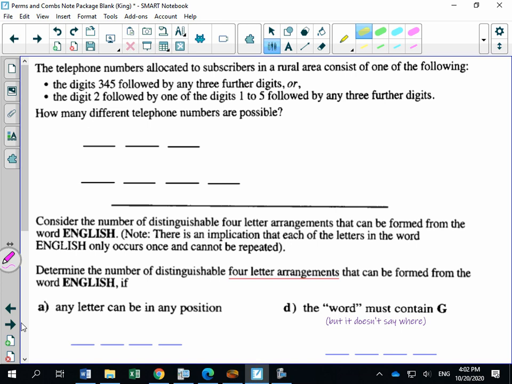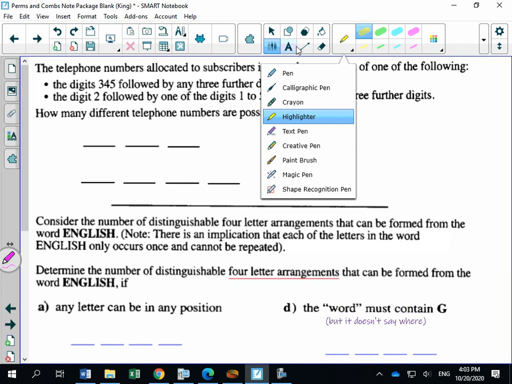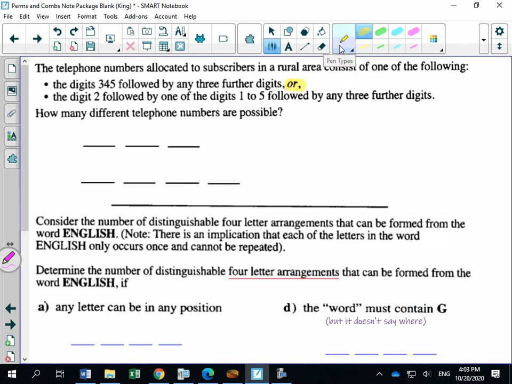All right, let's do a couple more examples, and they're going to use the word or. So we're going to add this plus this to get the total. Okay, so it says here, the telephone numbers allocated to subscribers in a rural area consist of one of the following.